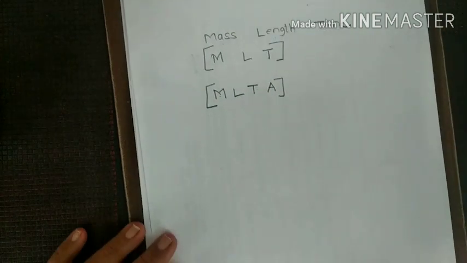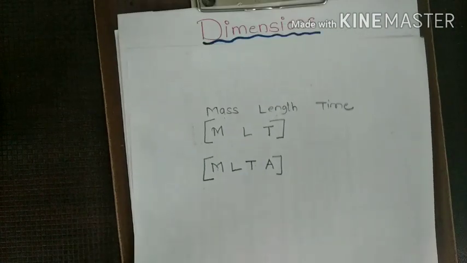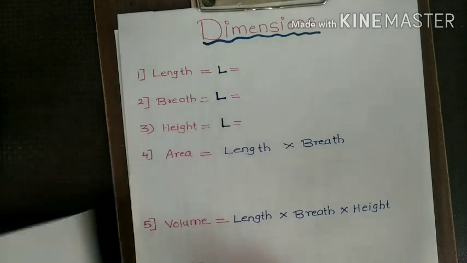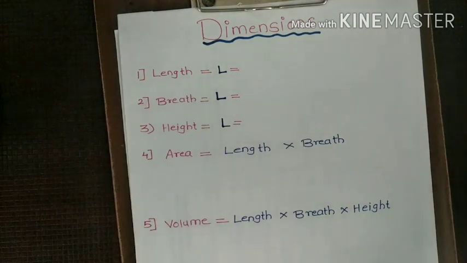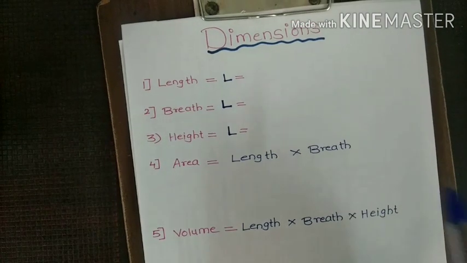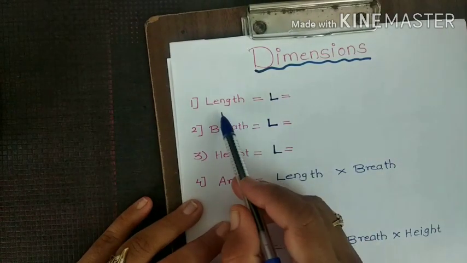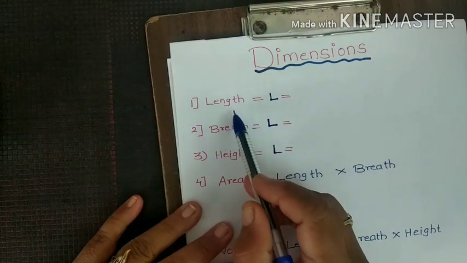Okay? How can the dimensions of physical quantities be found out? Next we have to discuss that point. Suppose we first consider a simple physical quantity, that is length.